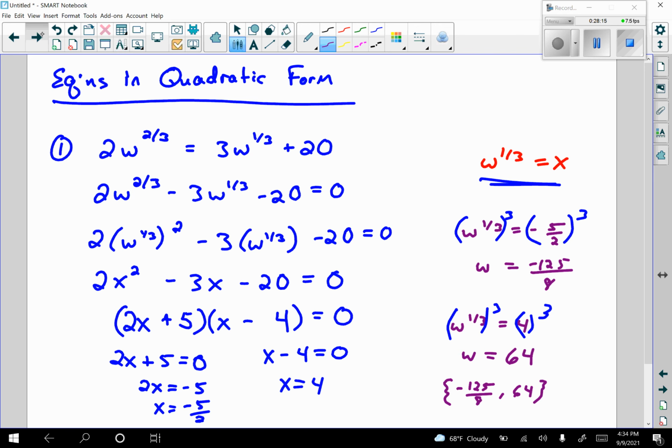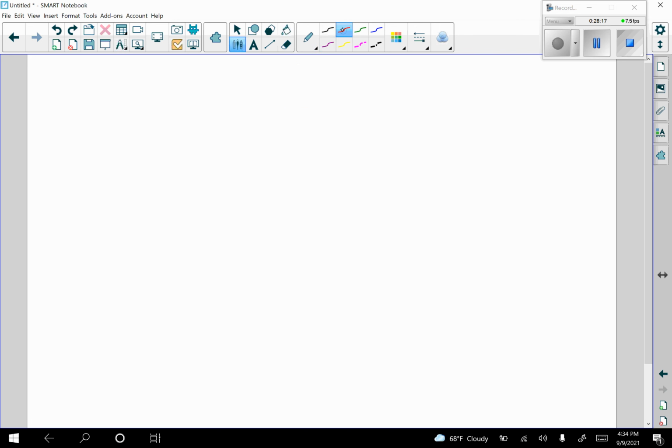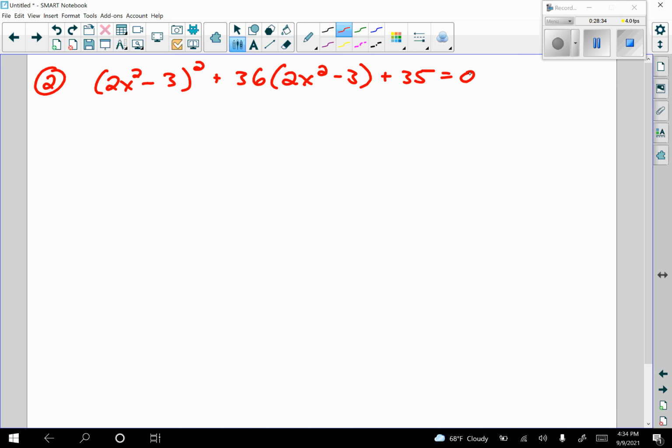All right, and our last example. We have 2x squared minus 3 squared, that quantity, plus 36 times the quantity 2x squared minus 3 plus 35 equals 0. So if you kind of look, we have something squared plus 36 times that something plus 35 equals 0.